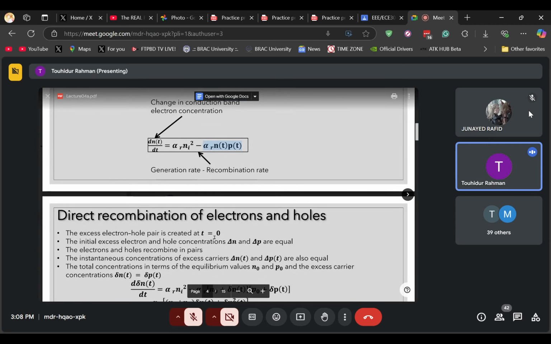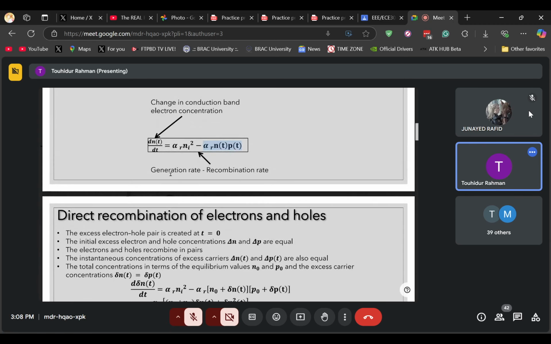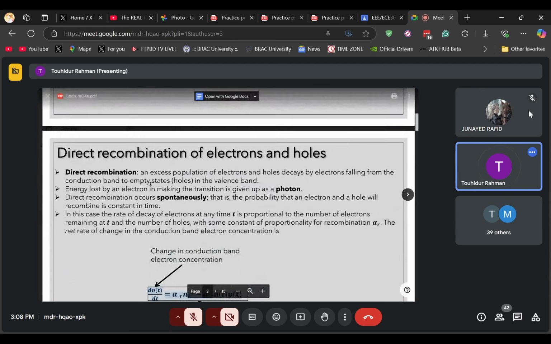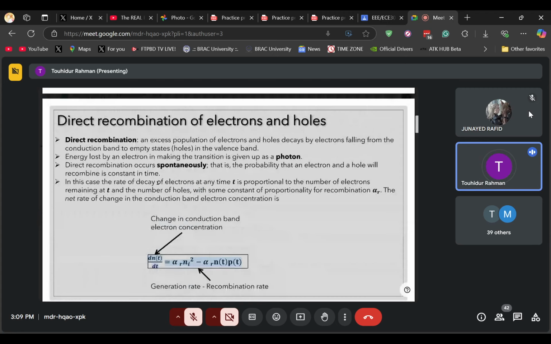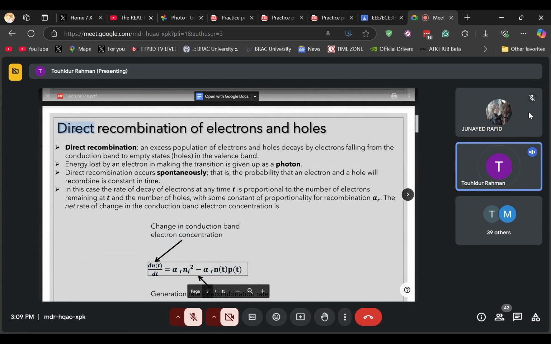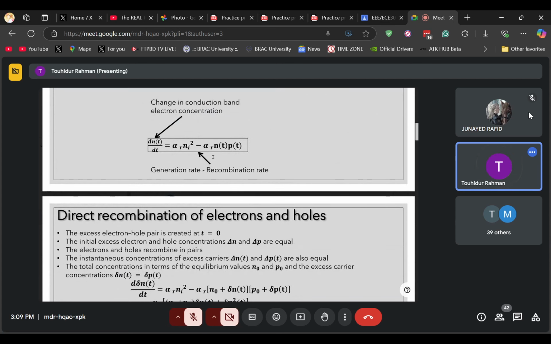When it happens, we call this equilibrium condition. So this is the fundamental equation for recombination, and we can use this same equation for diffusion also. First we talk about recombination, using this basic equation. This equation is very simple.